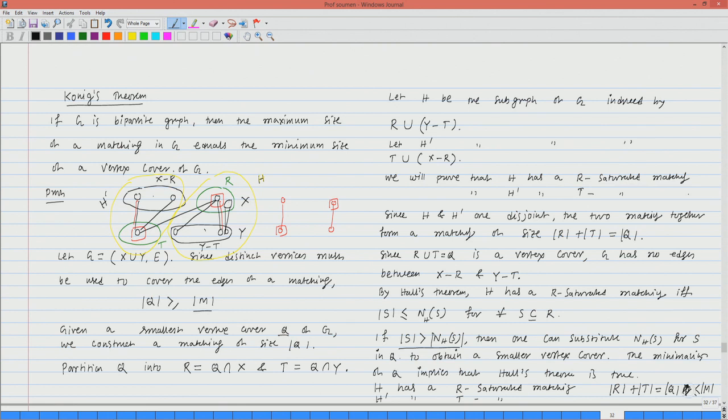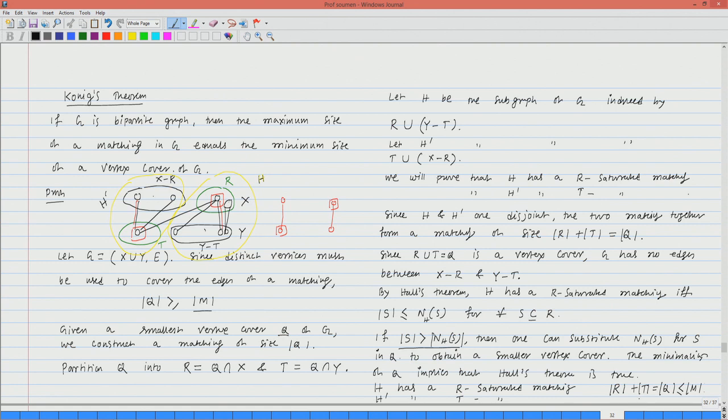So, R plus T is equal to Q. We got a matching of size cardinality of Q, and the maximum matching size is greater than or equal to this one.